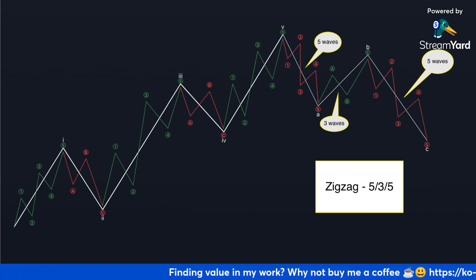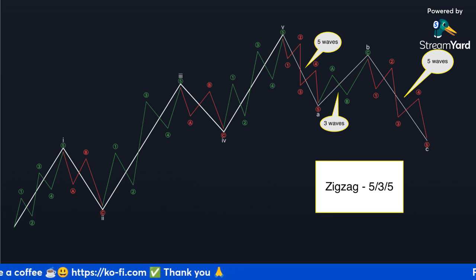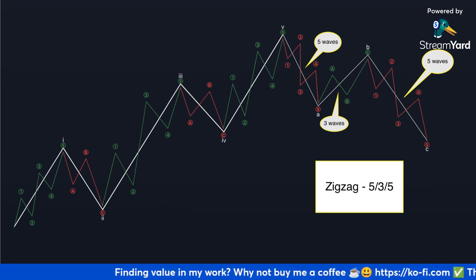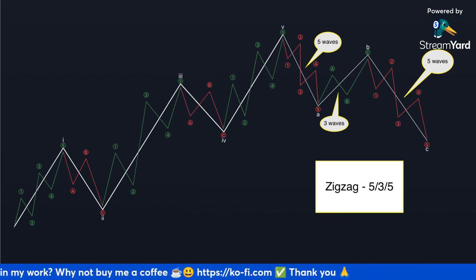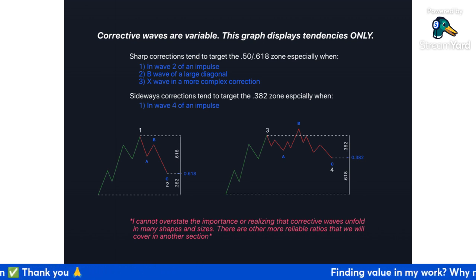So we're going to see a zigzag subdivides as 5, 3, 5. So you get 5 down, call that an A wave. Then you should be getting ready to see a bounce that cannot, well, I shouldn't say cannot. Very often, the great majority of the time, the B wave does not exceed the top of the previous high. Now, look, I don't want to make your head explode, but I have to keep it real with you. There are times when you will see the B wave exceed the top of the previous high.